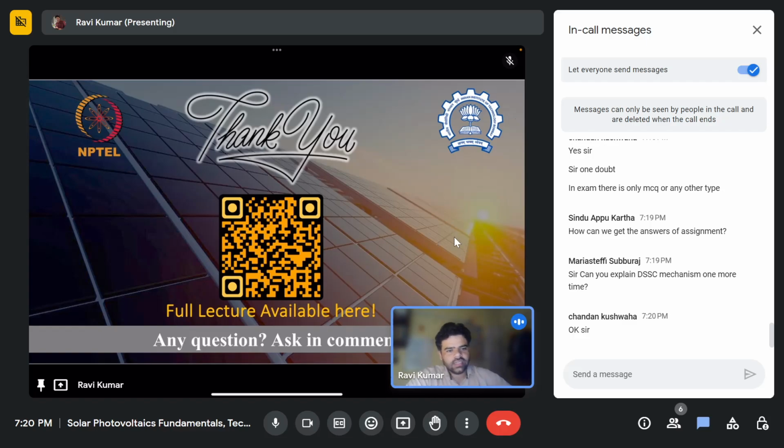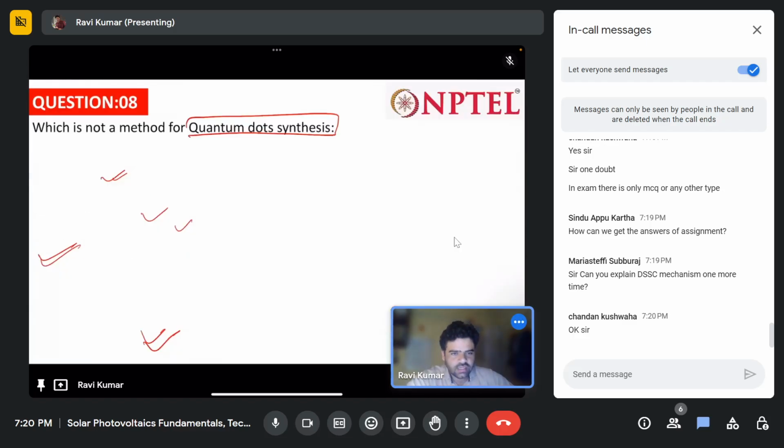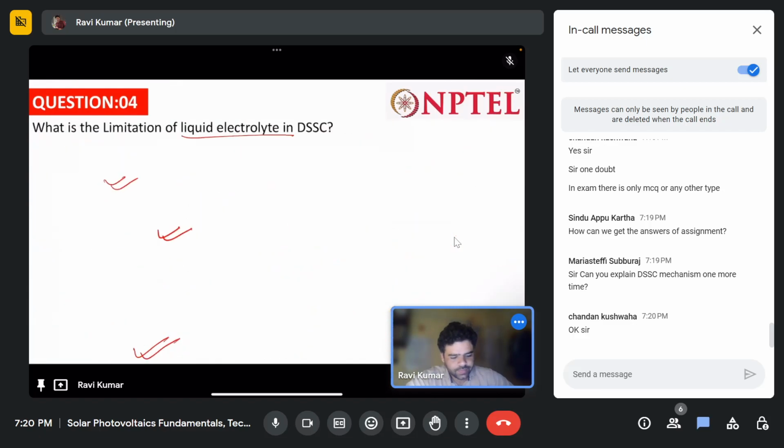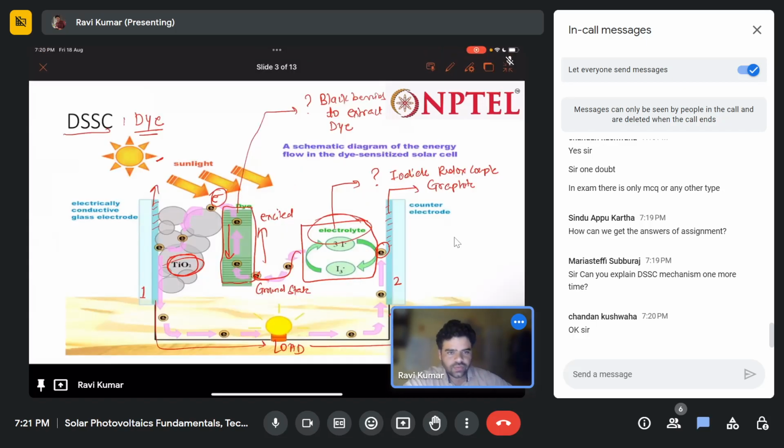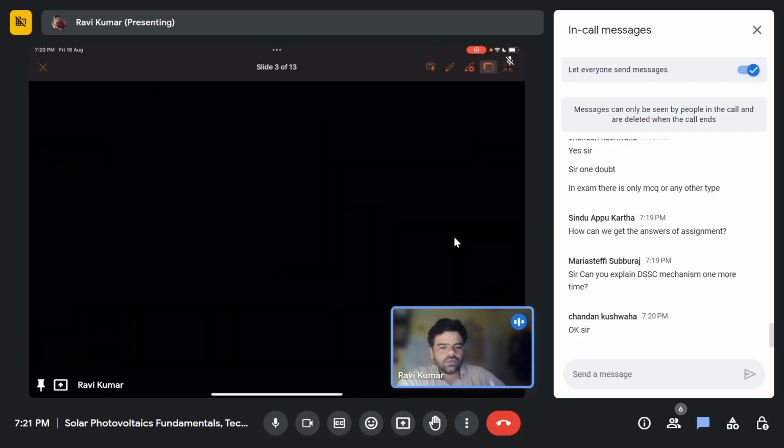Yes, the DSSC mechanism I can show you once again. First I'll tell you four important components. We have a glass with some conductive deposition.